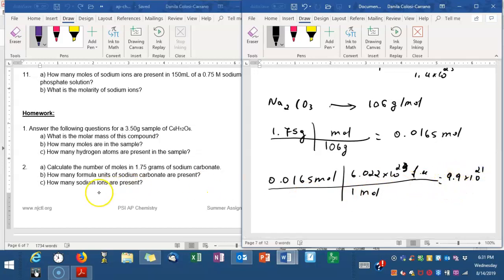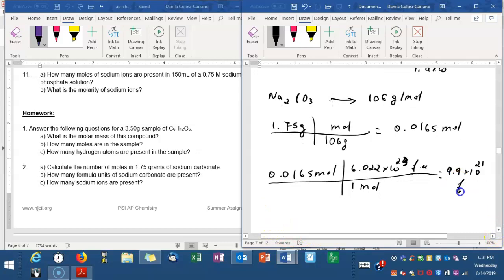And then, how many sodium ions are there? Well, they want to know how many formula units there are in the whole thing. If this is how many molecules you have, let's call it molecules, so you have 9.9 times 10 to the 21st, okay?